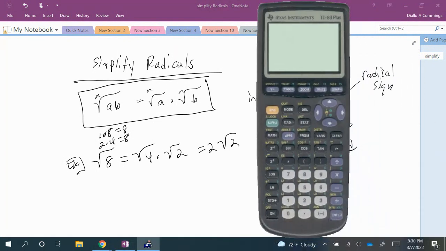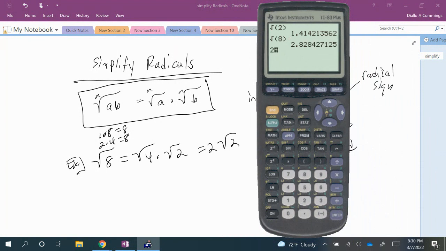What I want to show now is that both of these have the exact same value, they're just written in a different form. If I evaluate the square root of 8, I get 2.828.